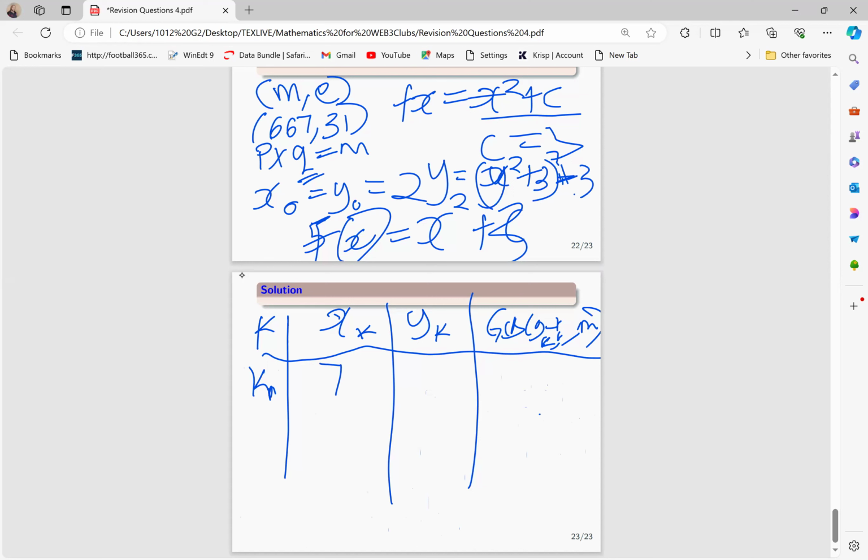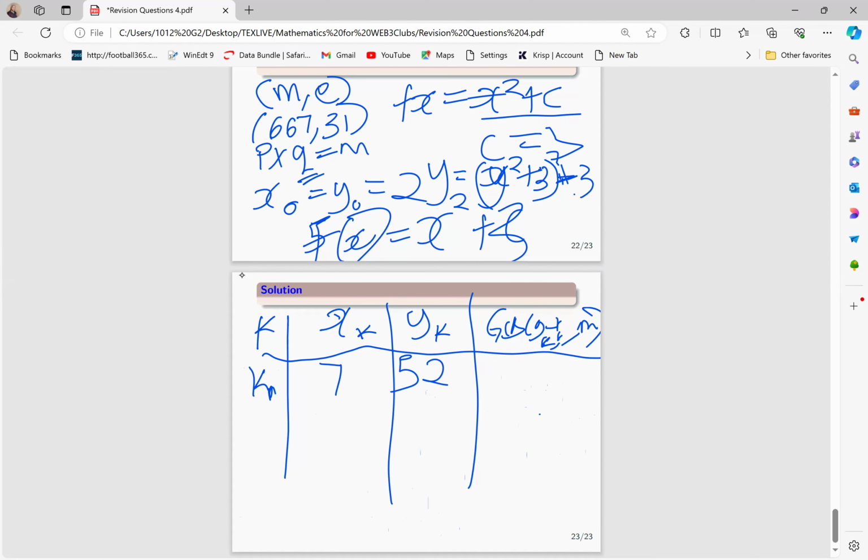So we know the value of y0 is 2. So when you compute here, you get 2 squared plus 3, which is 7. And then you square it, which gives us 49. And then you add 3, which gives us 52 here. And then you get the difference of 52 and 7, which is 45.